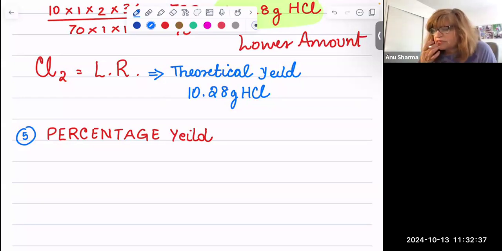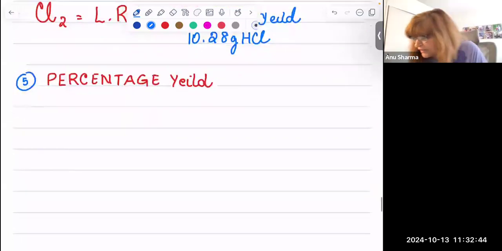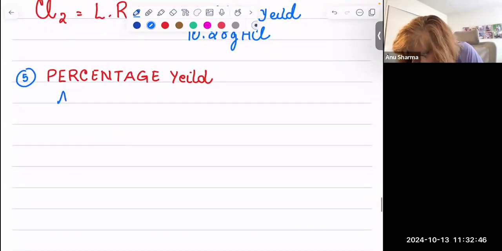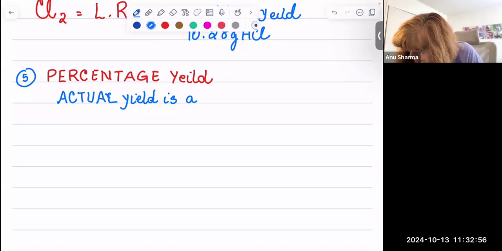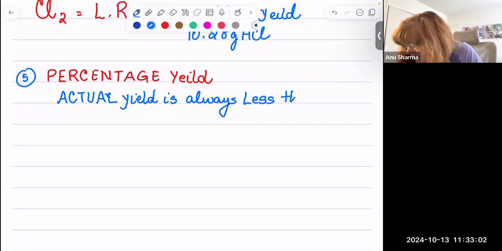You do certain processes: purification, crystallization, pouring things. All those things cause a productivity loss. So the actual yield is always going to be less than the theoretical yield.